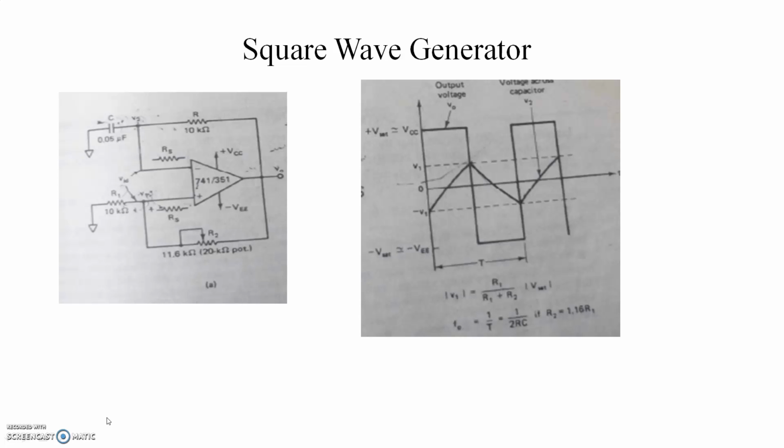We call that voltage the output offset voltage. Thus, the differential input voltage VID is equal to V1, because VID equals V1 minus V2, V2 equals 0, and V1 is a finite positive quantity.